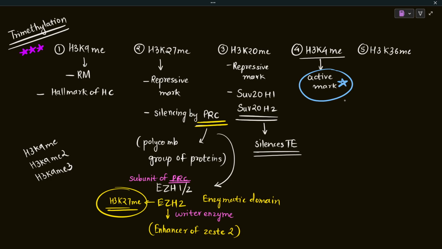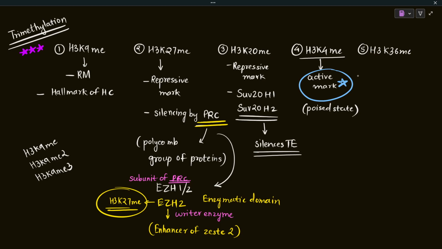The position in which the athletes are, ready to run but not running, is what we call the poised state of genes. So the monomethylation or dimethylation maintains the poised state, but the trimethylation activates the gene, and that is why it is the active mark. The take home message is that we are discussing trimethylation in all of those methylation marks.